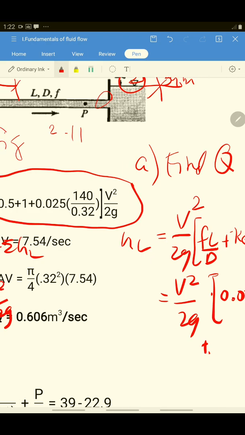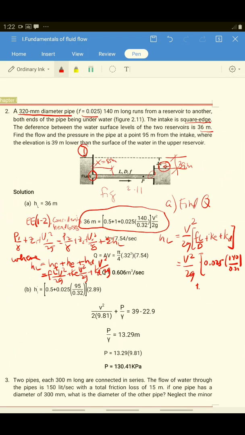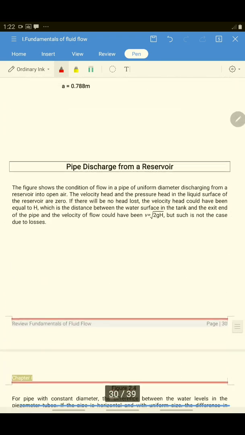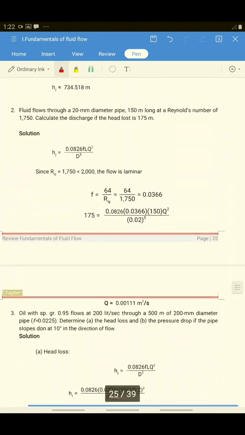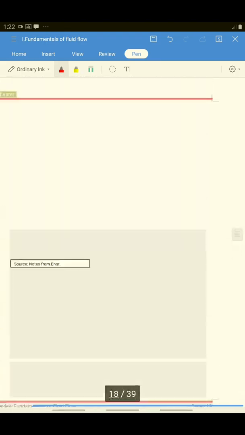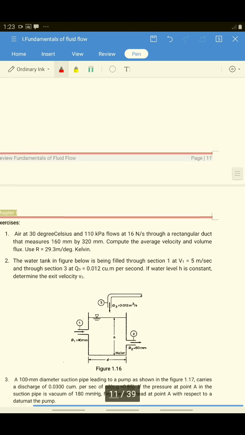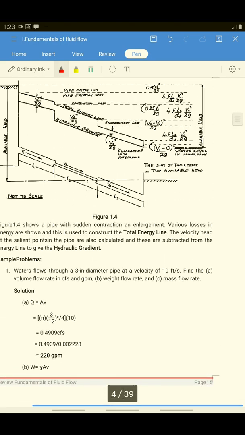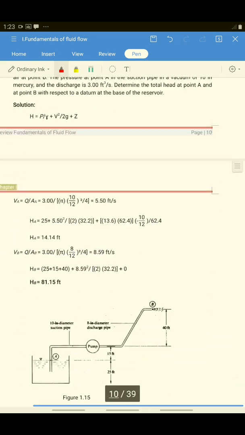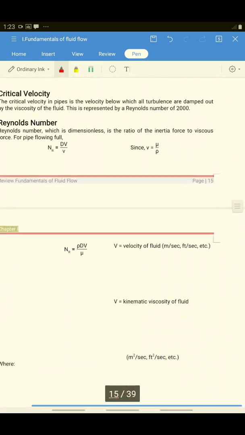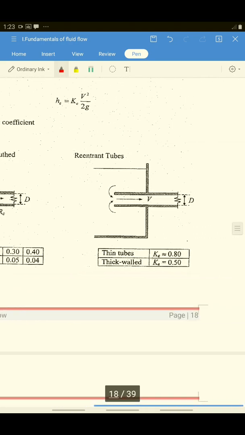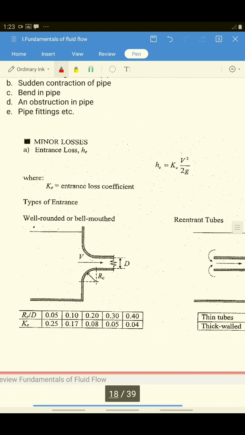What is the value of K E? That is at the entrance. We have two values, 0.5 and 0.8.